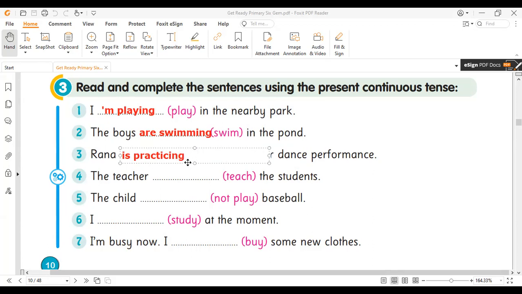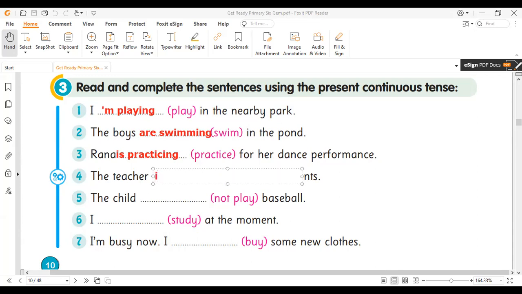Okay. Asya, the teacher is teaching the student. Excellent. The teacher is teaching. Rahf, number 5.